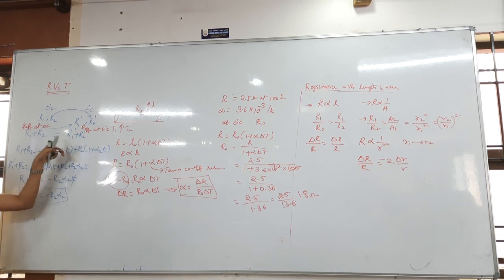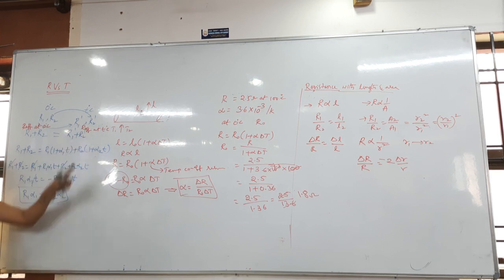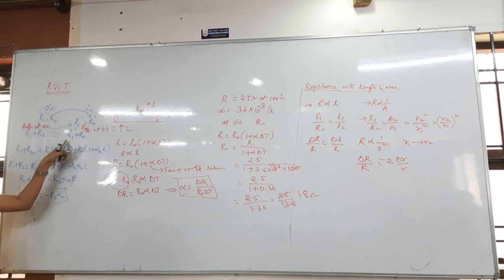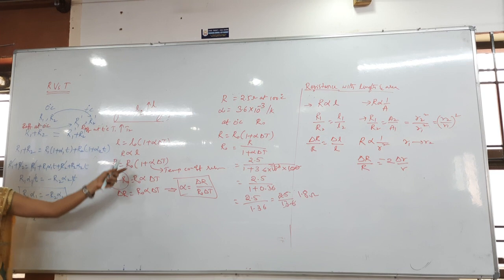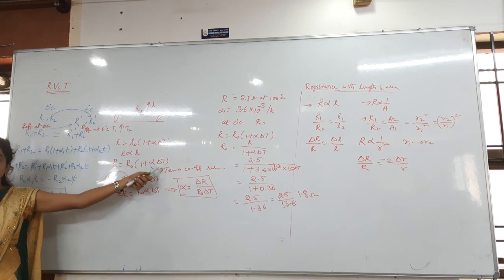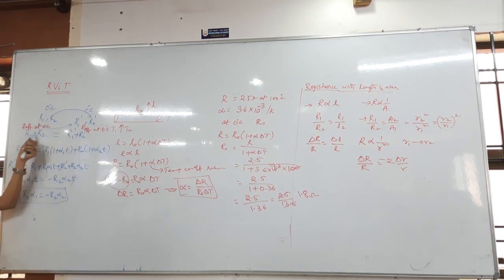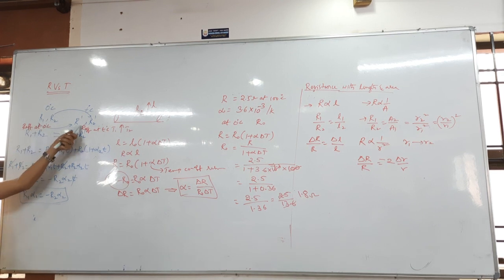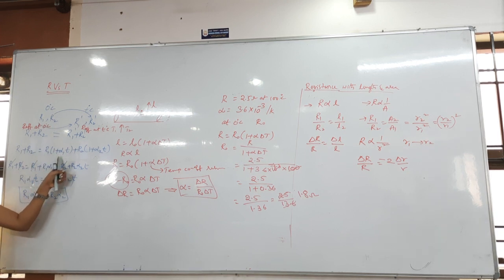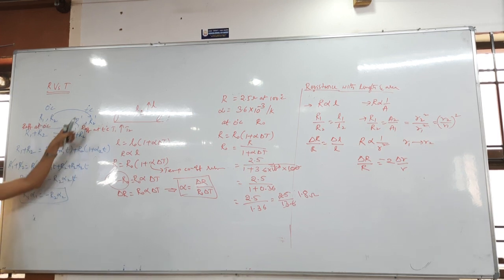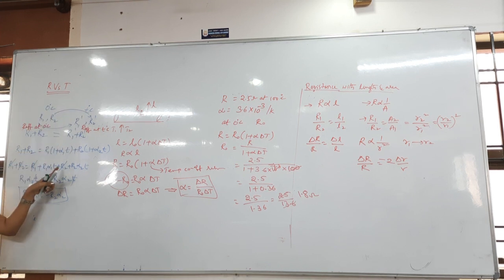R1 dash is the resistance of the first one after raising the temperature, and R2 dash is the resistance of the second one after raising the temperature, from 0 to T degrees Celsius. Now R1 dash is equal to R1 into 1 plus alpha 1 into the temperature difference, T minus 0, so T only.